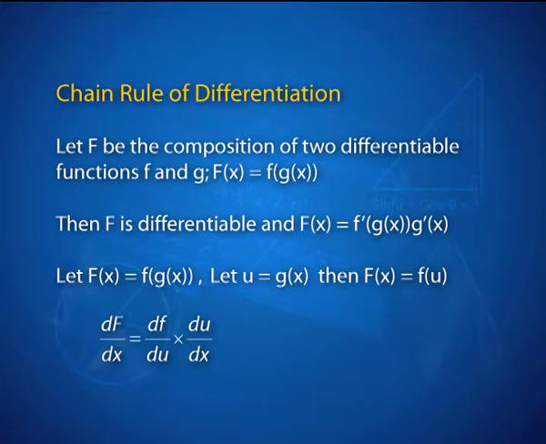So, the chain rule says that the derivative of F with respect to x is same as the derivative of small f with respect to u, because now small f is a function of u, into the derivative of u with respect to x.